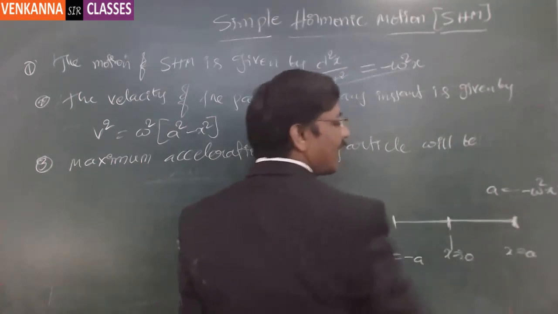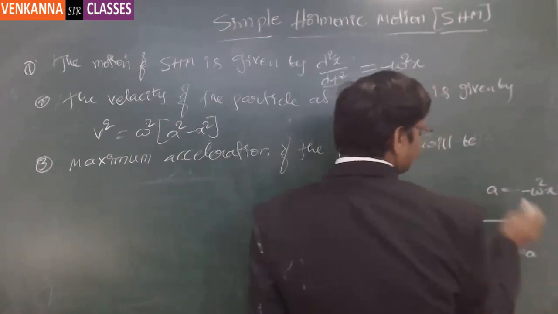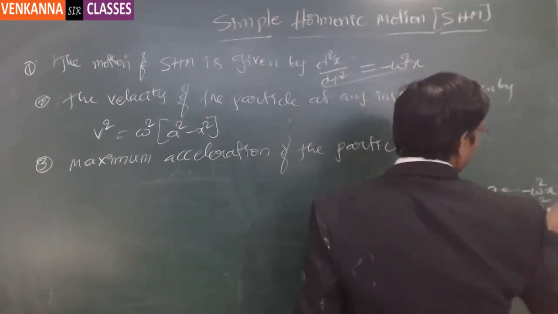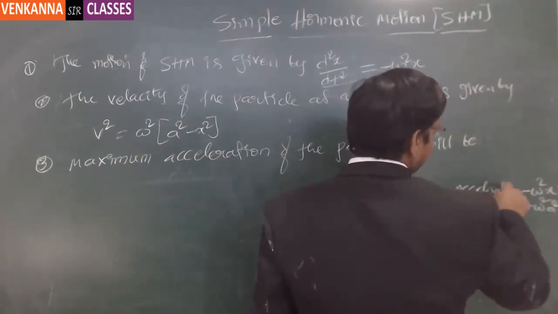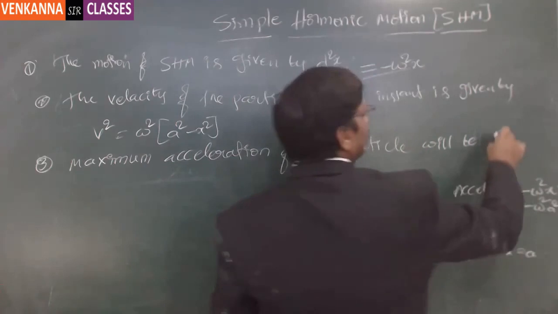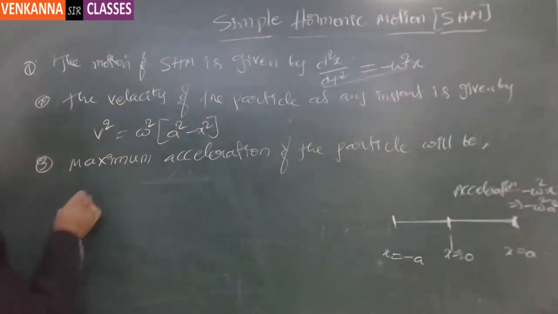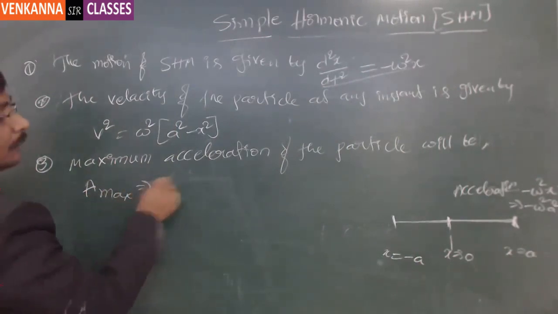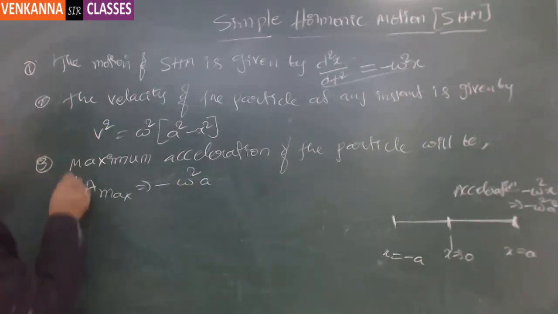So the maximum acceleration occurs at x is equal to a and is given as minus omega square times a. So a max is equal to minus omega square a. This is the maximum acceleration.